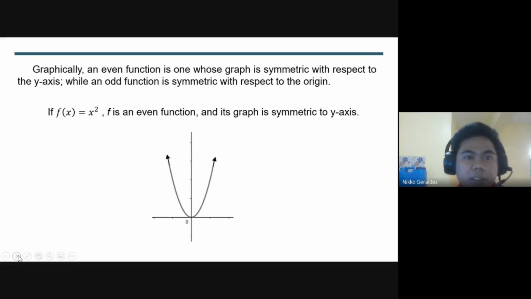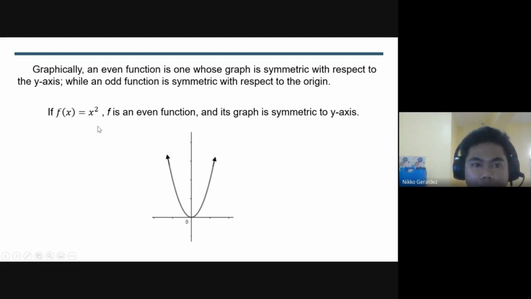Next, we can classify a function as odd or even by its graph. Graphically, an even function is one whose graph is symmetric with respect to the y-axis, while an odd function is symmetric with respect to the origin.